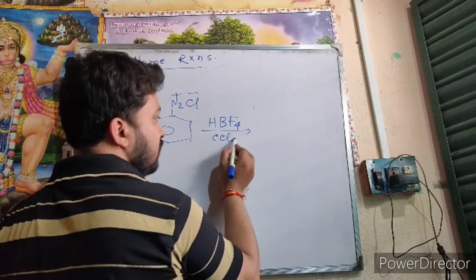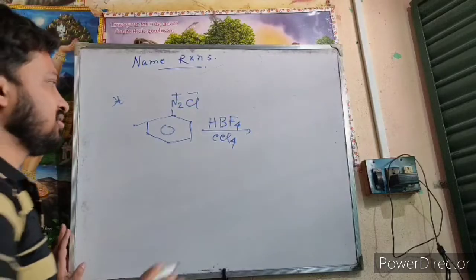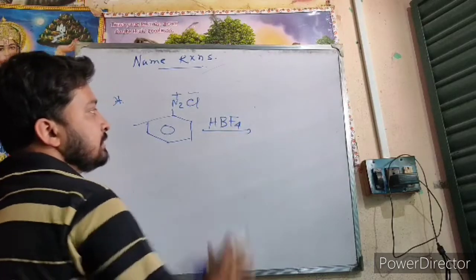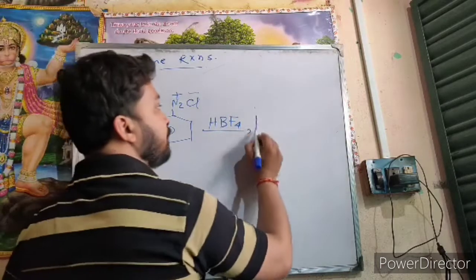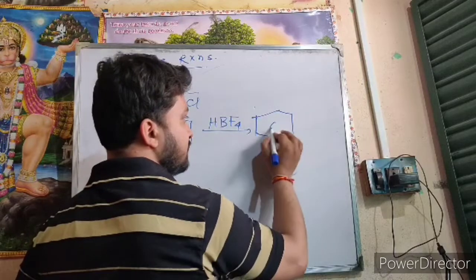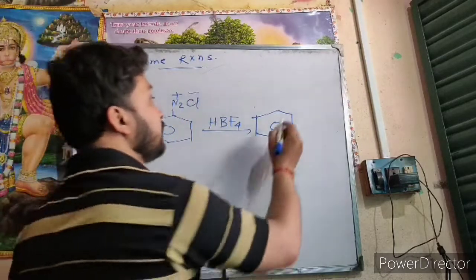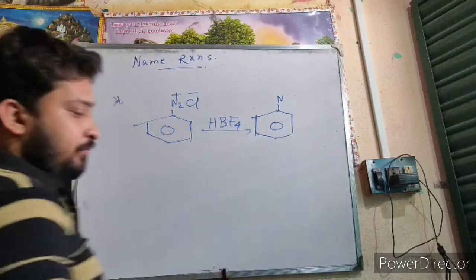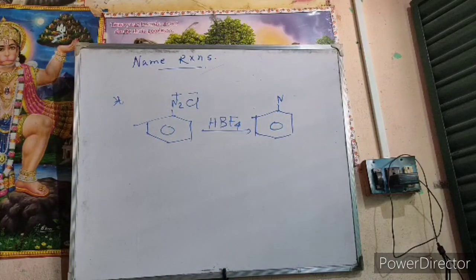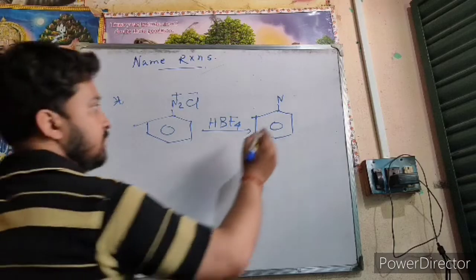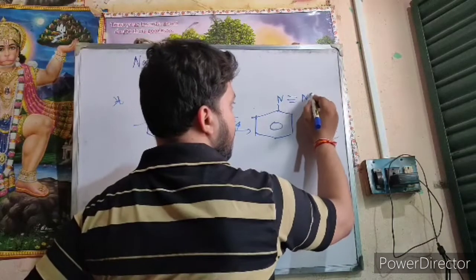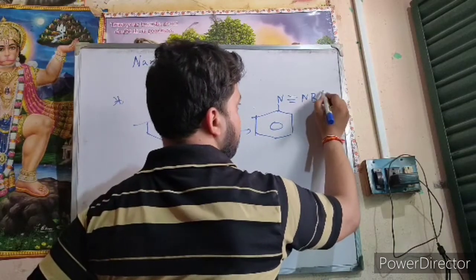A solvent is not required. So the product is benzene with N triple bond N, BF4.